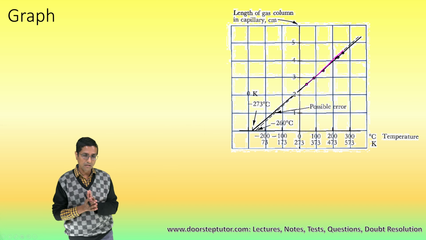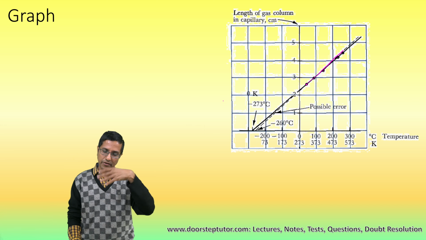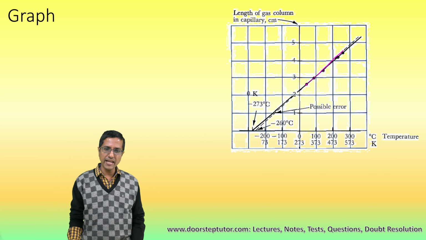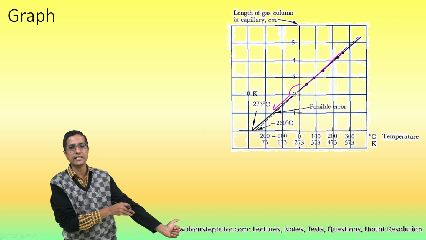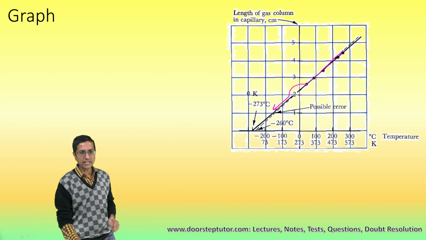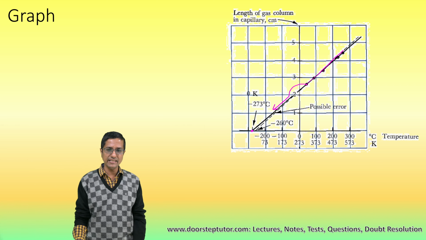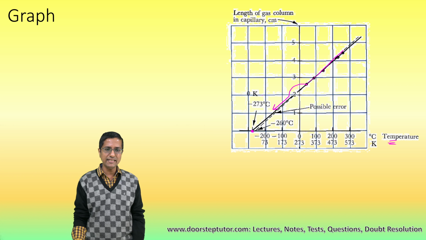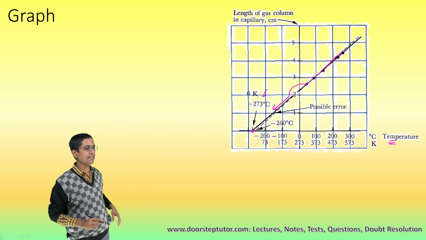Now Lord Kelvin observed that if I extrapolate this graph backwards, then this line would intersect the x-axis. On the x-axis we have temperature, and it would intersect the x-axis at minus 273 degrees Celsius. So what does that mean?